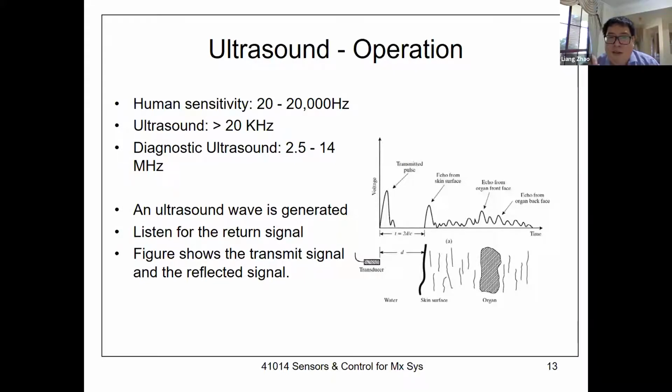It can receive the reflected energy of the sound coming back. It's not hitting one object and coming back. It can get into the soft tissues. So it generates ultrasound, and what you receive is a continuous change of the sound energy.